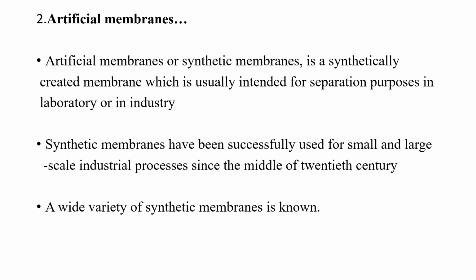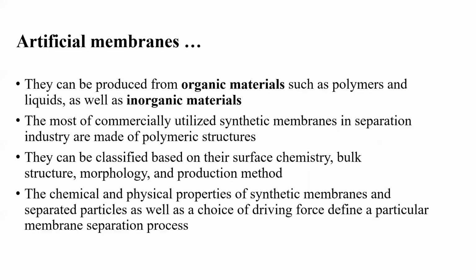It can be produced from both organic and inorganic materials. Commercially utilized synthetic membranes used for separation in industries are made of polymeric structure, and they can be classified based on their surface chemistry, bulk structure, morphology, and production method.